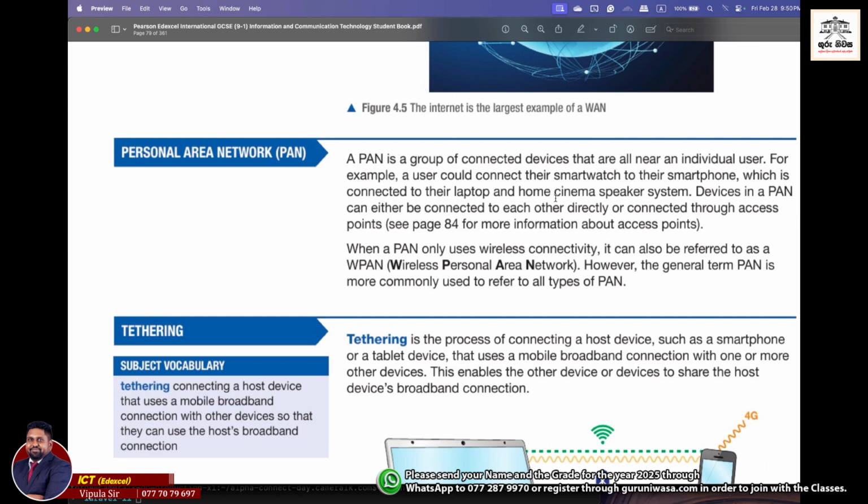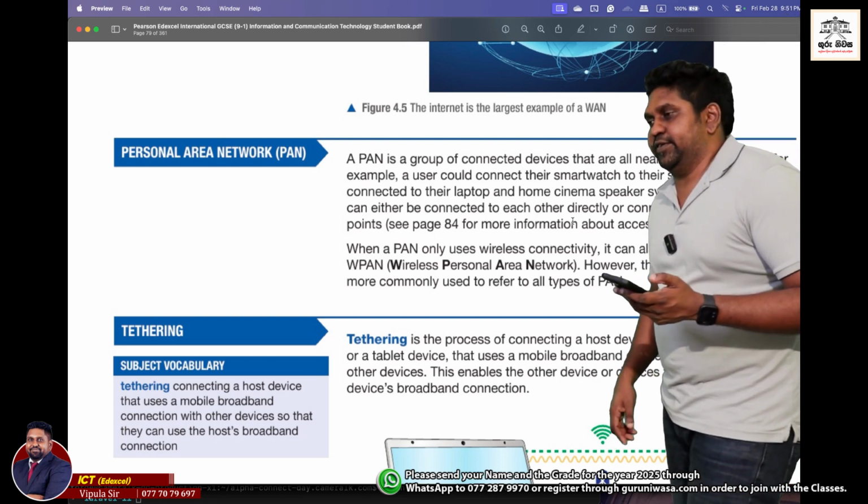So basically hotspot is a WPAN. It will allow you to connect all your devices together using this particular personal area network. Just keep in mind, there are a couple of different types of personal area networks also.